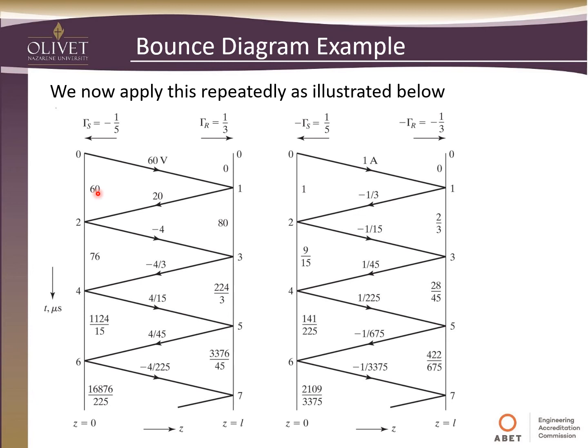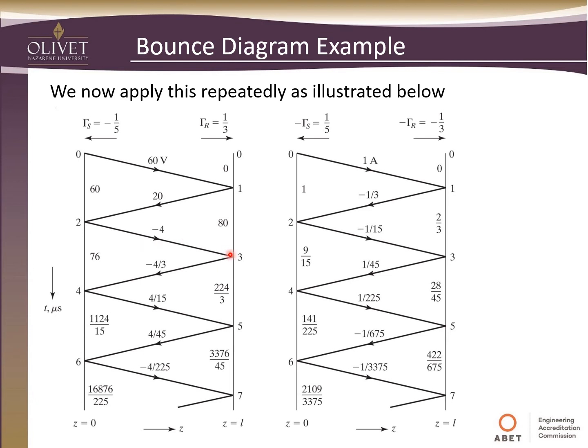So we'll have 60 plus 20. 60 is the transmitted wave, 20 is the first reflected wave, and minus 4 is the second re-reflected wave. So 60 plus 20 minus 4 is 76. So now from 2 to 4 microseconds, if you were able to measure the voltage on those terminals, you would measure 76 volts.